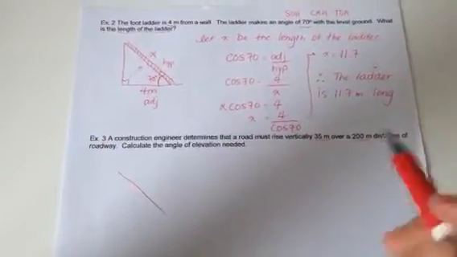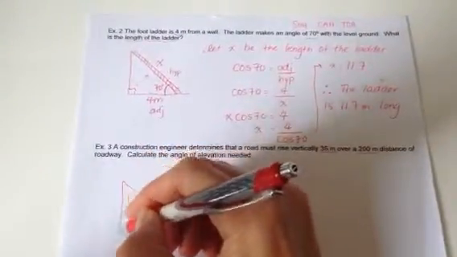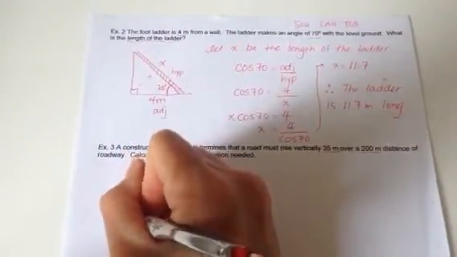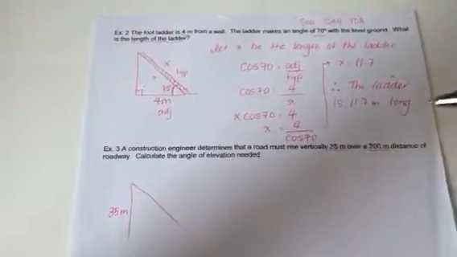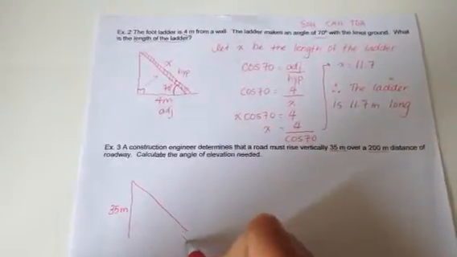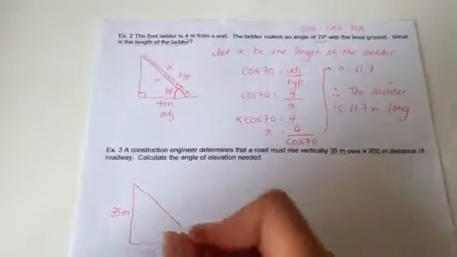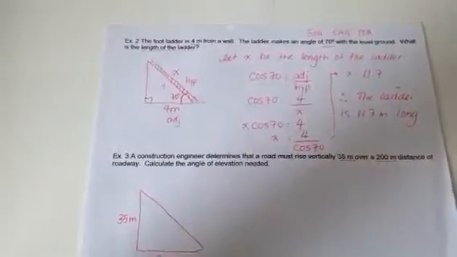So it says that the road must rise vertically 35 meters. So this would be our 35 meters over a distance of 200 meters. So it will take 200 meters for it to rise that 35 meters. So this is 200 meters.